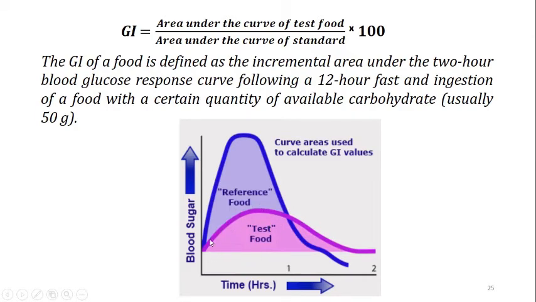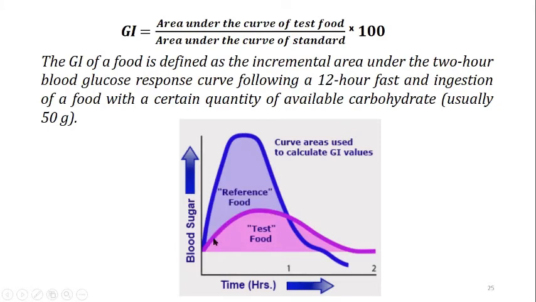Then this is what I referred to as the glycemic response. Upon eating carbohydrate rich food, it increases the blood glucose level, and with time it decreases. Okay, and that is the glycemic response.